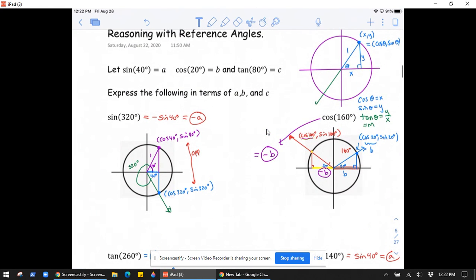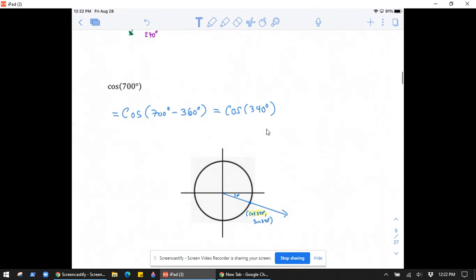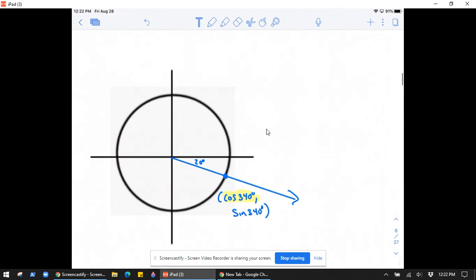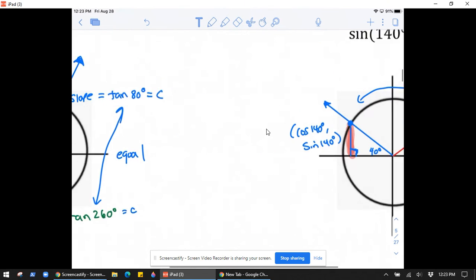We are told that the cosine of 20 degrees is b. If we rotated 20 degrees, that would put us here. So this point here has coordinates cosine of 20 degrees, sine of 20 degrees. We know that this is given as b.